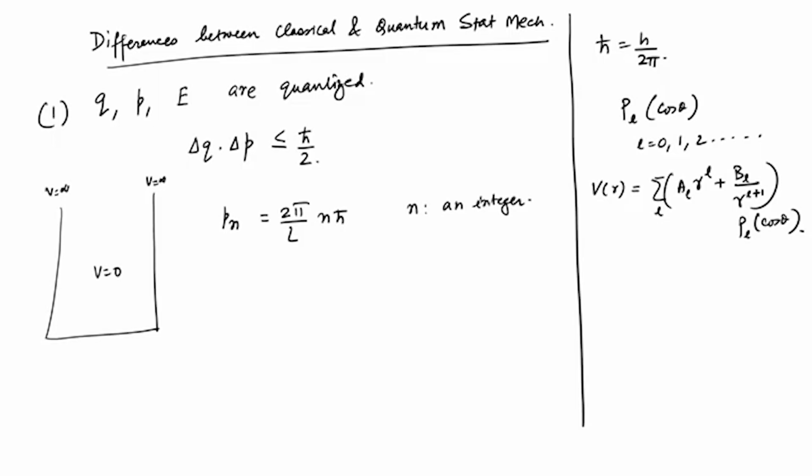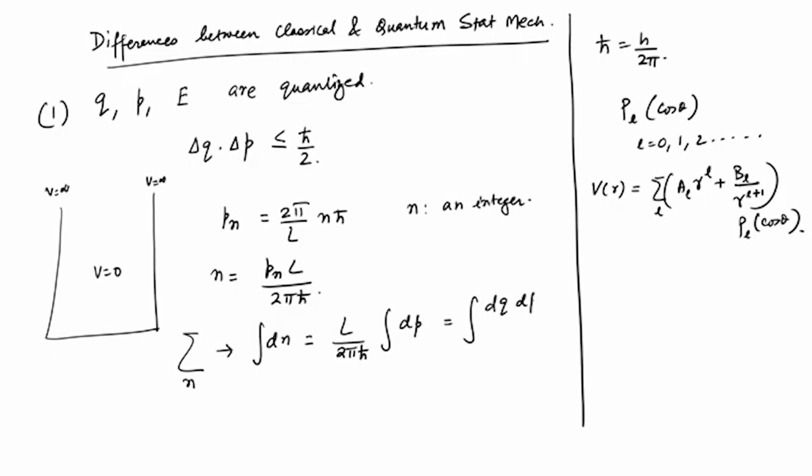There is no extra degree of freedom. We have actually lost the positional degree of freedom, but it does not matter to us, because this n can be found out as P_n L divided by 2 pi h cross, and there is no information about q. But when you do this sum over all the states, you can do an integral over this n, which is L by 2 pi h cross dp, and which is nothing but dq dp by h.